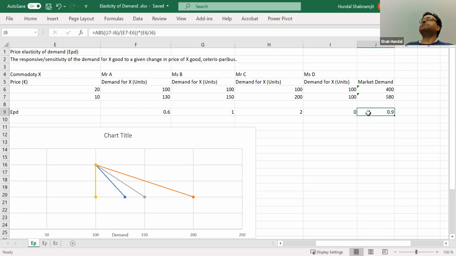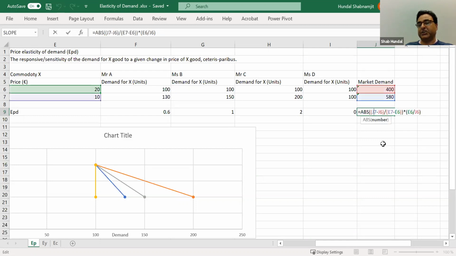So basically, if I'm a seller, I draw a conclusion that, hey, now I'm going to launch a new product in the market. And if I want to woo my potential customers by lowering the price by 1%, then my revenue will only increase by 0.9%.